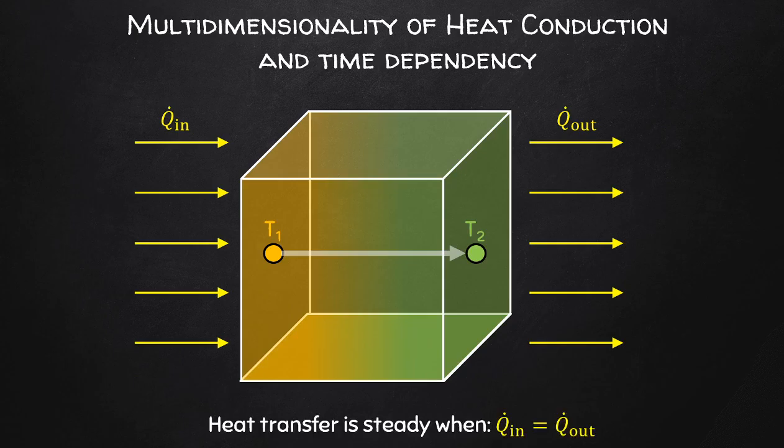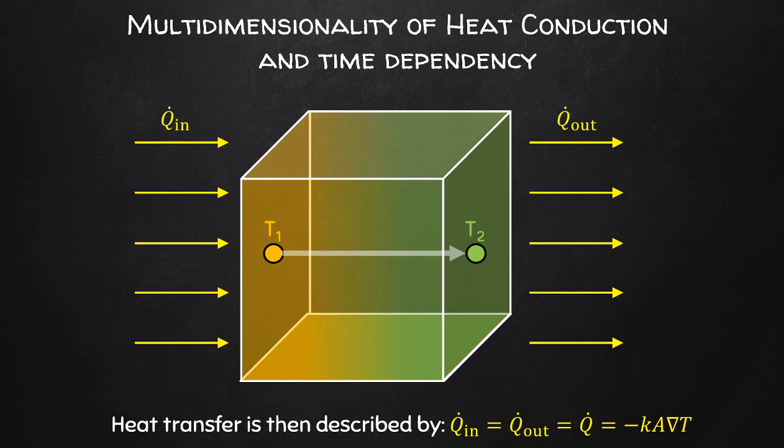Now, when steady state has been reached, we know that Q dot in is equal to Q dot out, and that this is equal to Fourier's rate equation for heat conduction, which is Q equal to minus k times A times nabla T. This is a simplified form of our heat transfer equation.